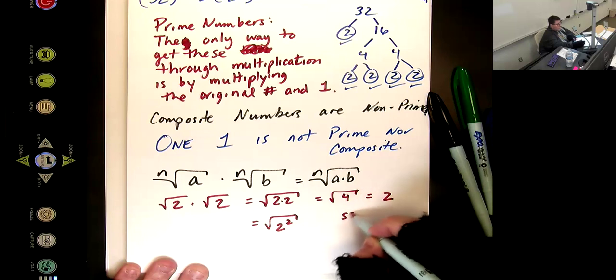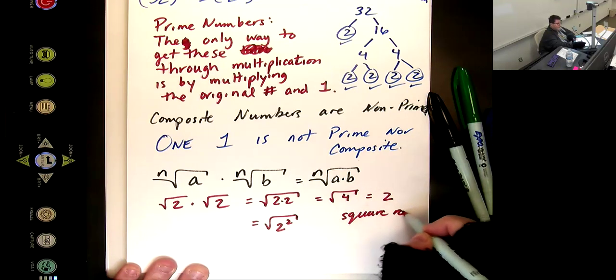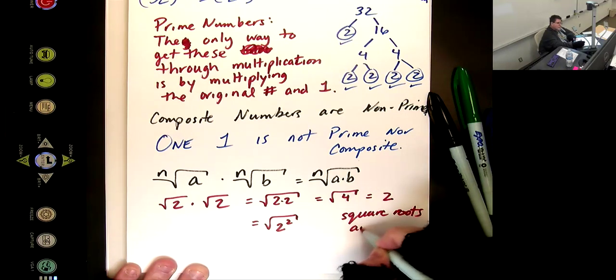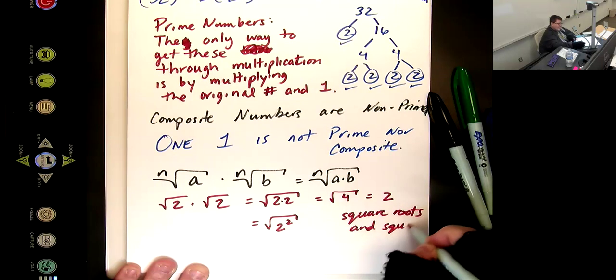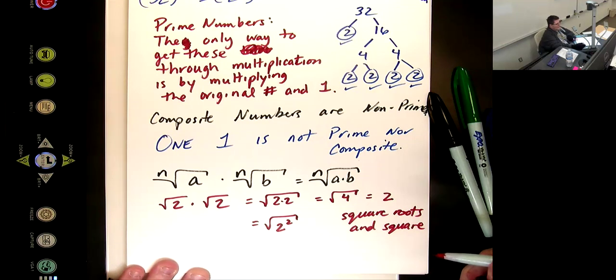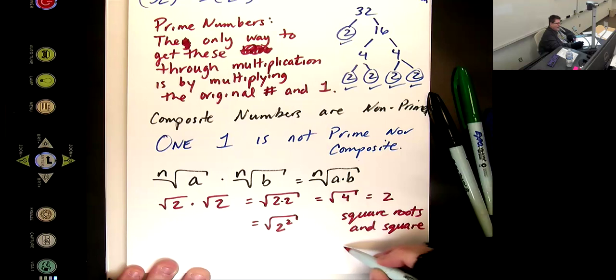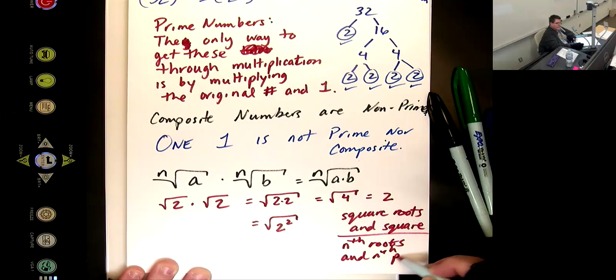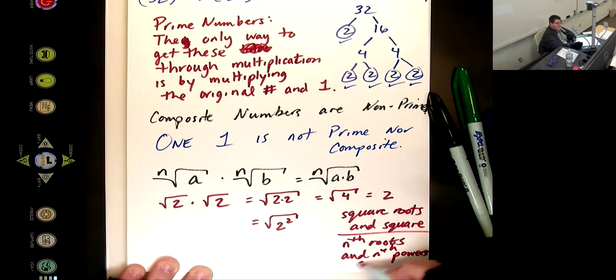And square roots and squares cancel. That applies to anything where I can remove the word square. Cube roots and cubes cancel. Fourth roots and fourth powers cancel. Nth roots and nth powers cancel. So that would just be 2.